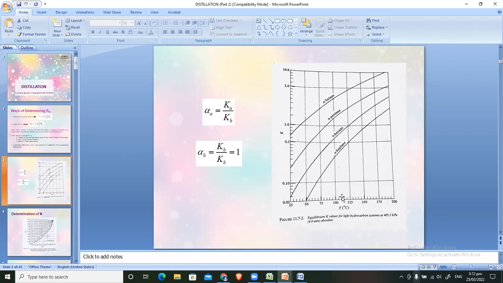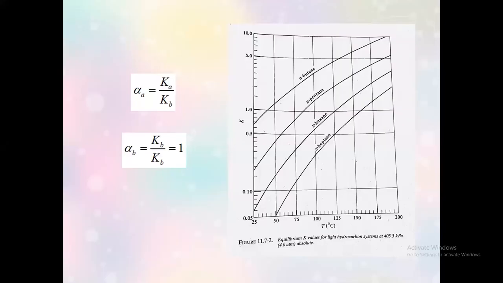So if you have heptane, hexane, pentane, and butane in your system, you just get the K value here given the temperature. You read it out from here. You have also an equivalent diagram of this in your handbook. Based on the temperature, you'll be able to find the K values.